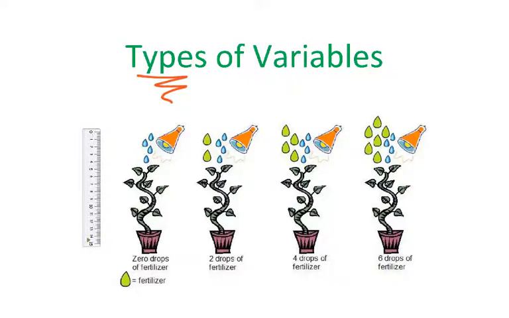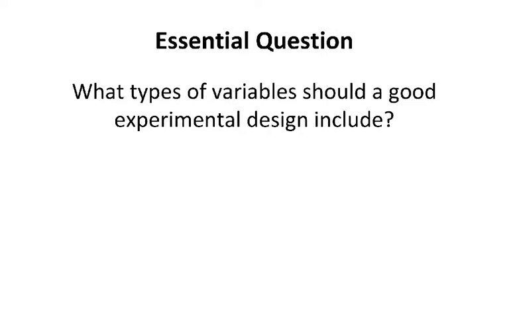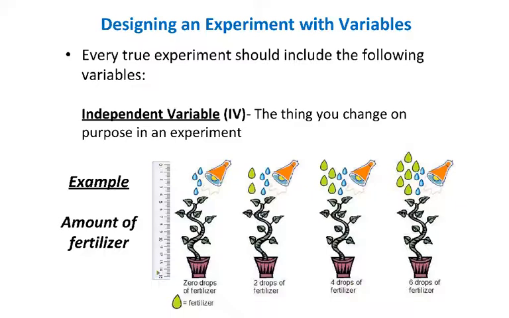Okay? All right. So the essential question for this set of notes is, what types of variables should a good experimental design include? Every true experiment should include the following variables.